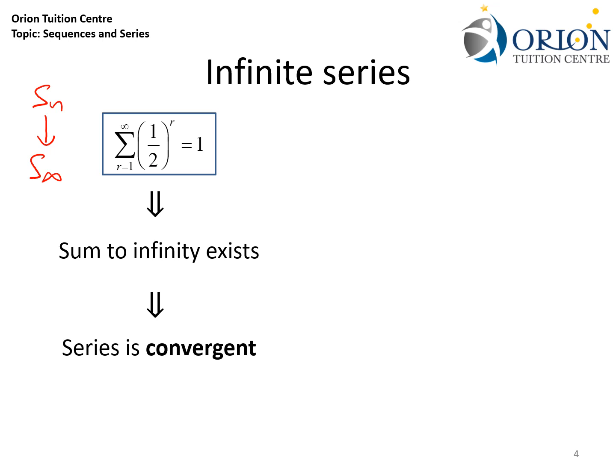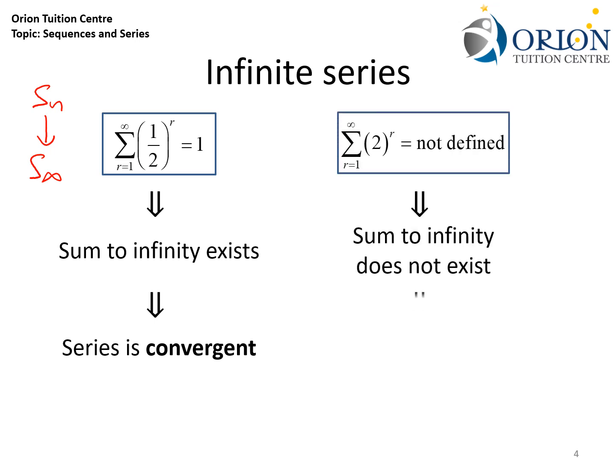And this means that the sum to infinity exists and the series is convergent. In other cases, for example, the sum of 2 to the power of r, the terms in the series become larger and larger as r increases, and there will not be a sum to infinity. This means that the series is divergent.